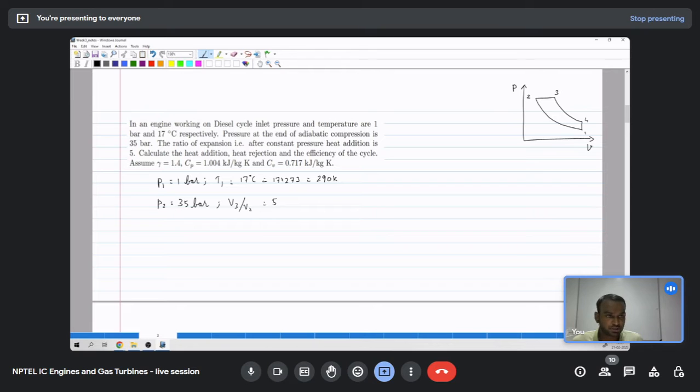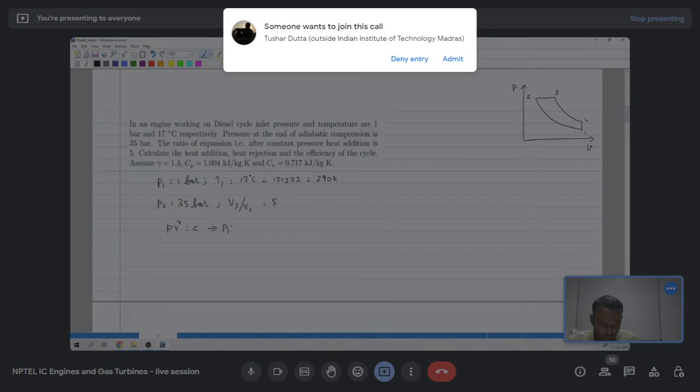With the pressure ratio, we can calculate the volume ratio during compression. So we have PV power gamma equal to constant for adiabatic compression. That means P1 V1 power gamma equals P2 V2 power gamma.